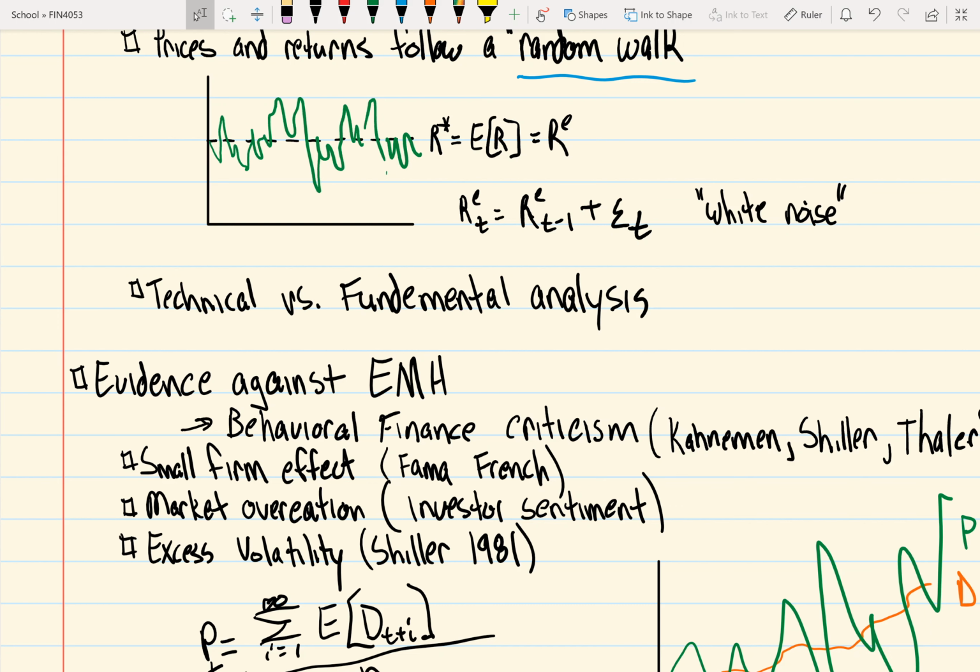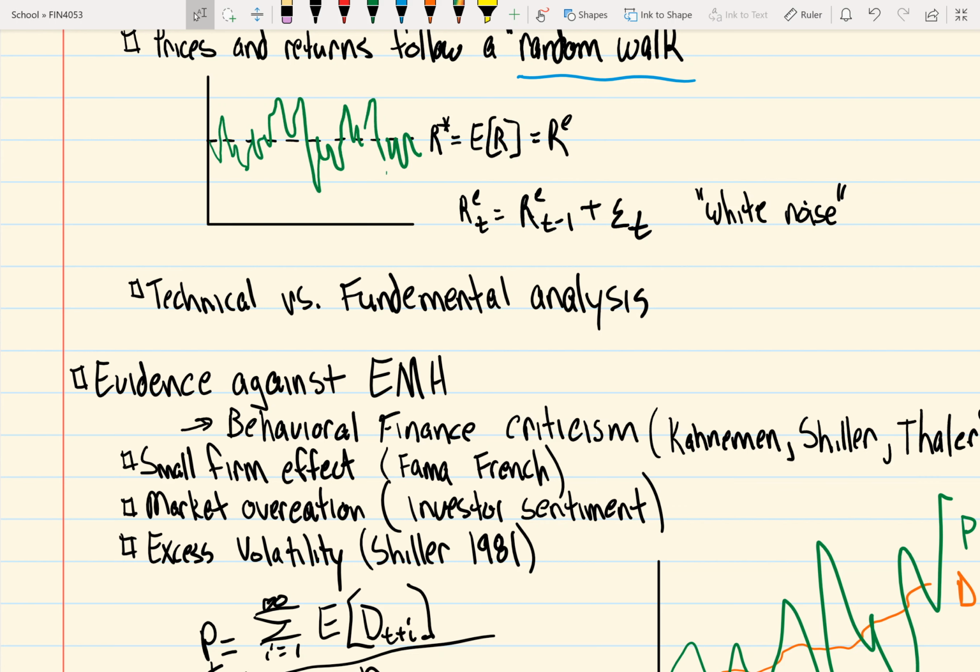So I find it kind of curious that they have this in this section. Again, if you're more interested in the efficient market hypothesis, you can perhaps research those two. They're probably the most famous researchers in asset pricing.